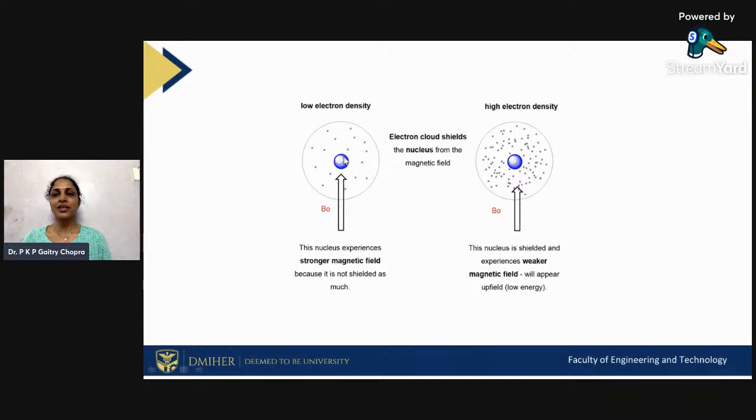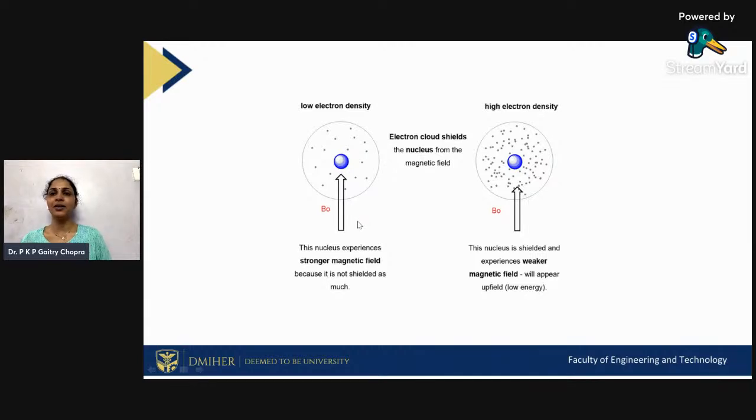In the very first portion, the nucleus is surrounded with very low electron density. That means if we place this nucleus in an external magnetic field, it will feel the stronger magnetic field which is applied to it. The strength that this nucleus will feel is more.